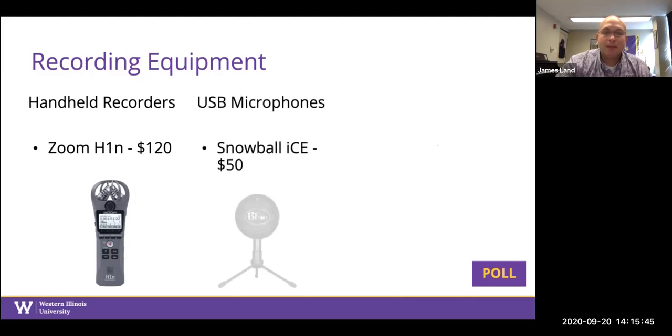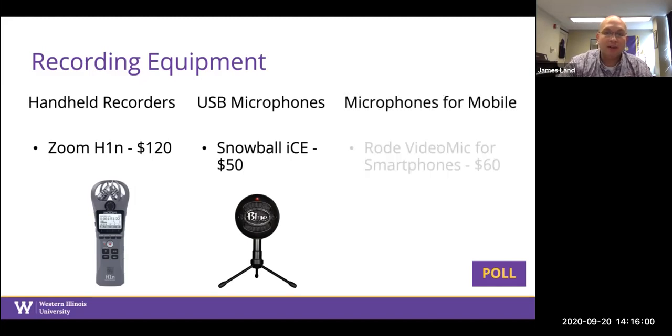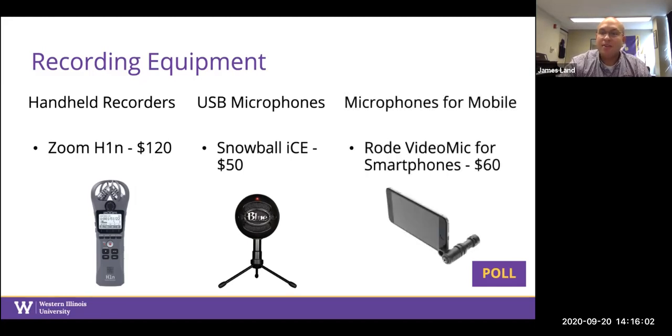Another great thing, USB microphones that plug directly into your computer. If you want to use a QuickTime video, for example, to record yourself. This Snowball mic, $50, not too expensive, but it's going to be a significant upgrade over the microphone on your computer. And then this other microphone, you can get for your phone. Okay, and this is another great thing. You know, $60.